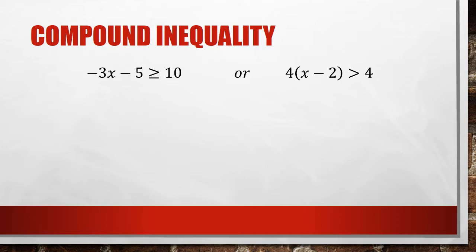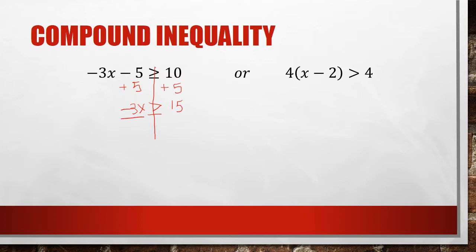I have negative 3x minus 5 greater or equal to 10. To solve this simple inequality, I have to add 5 to both sides of the equation. So I'm going to end up with negative 3x is greater or equal to 10 plus 5, which is 15.